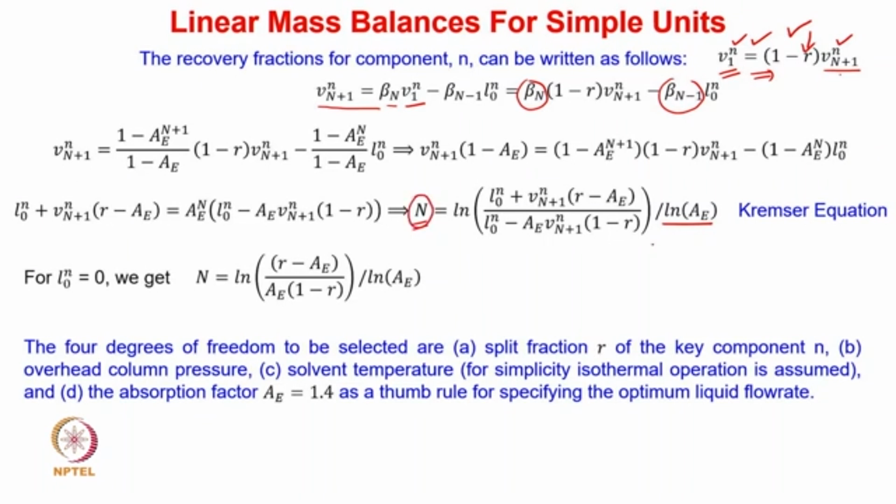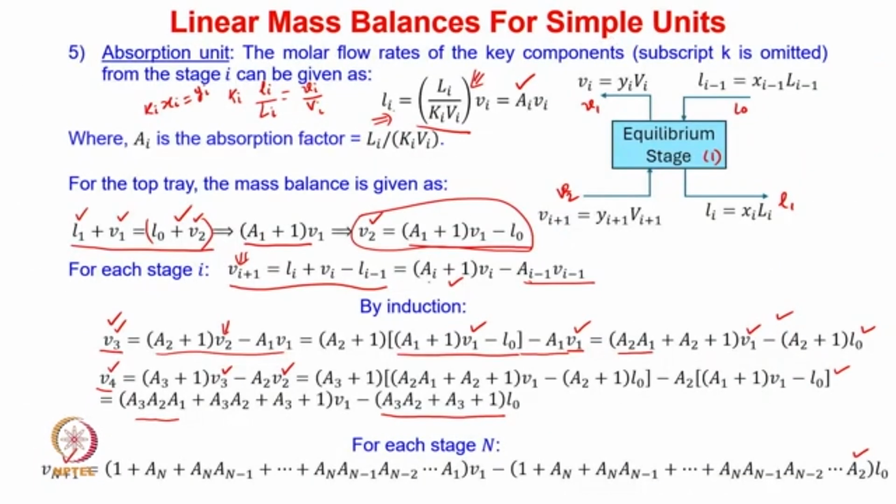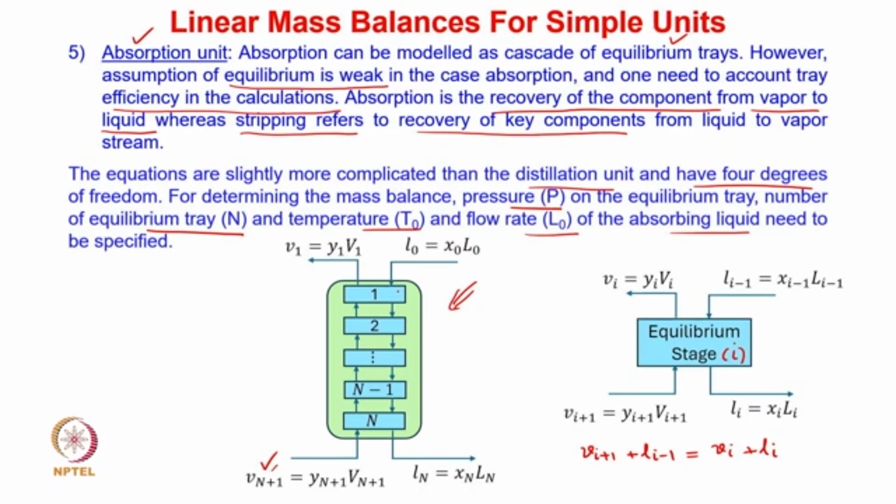You can see that this equation can be simplified immensely. Remember, we can use a pure solvent coming in. This L naught need not have any key component here. It could be a pure solvent. In that case, what will L naught be with respect to the key component? It will be 0.